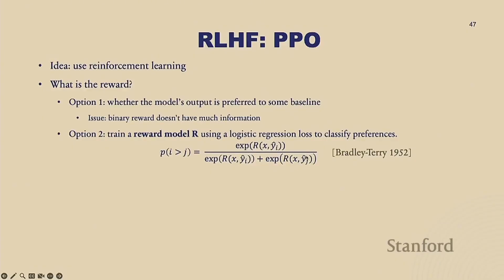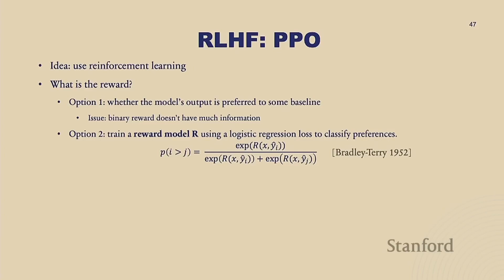The reason you do that is that you train this reward model to be able to classify how much better one output is than another. Another slightly less convoluted way of saying it is that your reward model will output some reward that will be used as the logits of your softmax. So if you have high logits in your softmax, it means that highly likely this output is better. That's what we call the Bradley-Terry model.